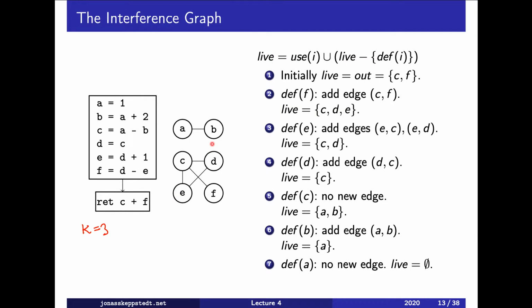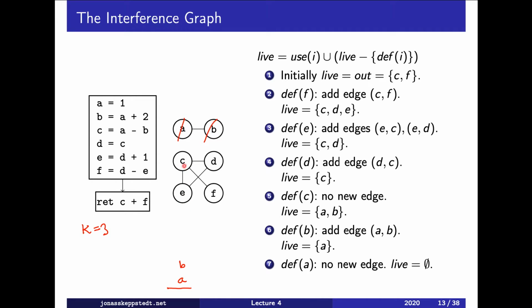So this is quite trivial. As you can see, we start with this stack, and we can take A first because it has only one neighbor. So we remove it from the graph, and then we can take B, remove it.